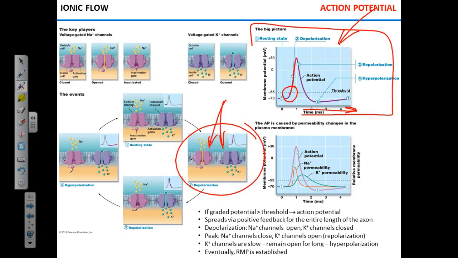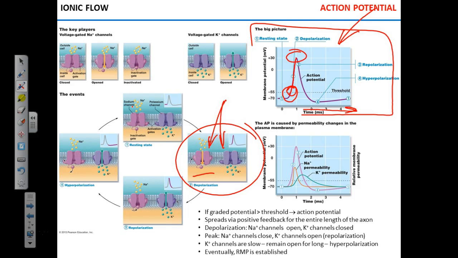And if it's going to be an action potential, then once the depolarization crosses the threshold level, this change in the membrane potential will become an action potential. So the membrane potential elevates due to the influx of sodium all the way up to approximately 30 millivolts.